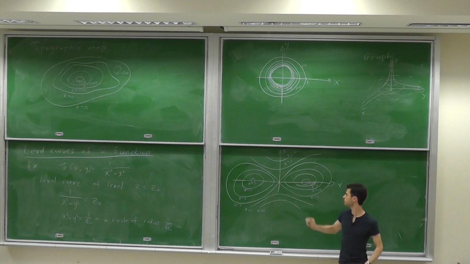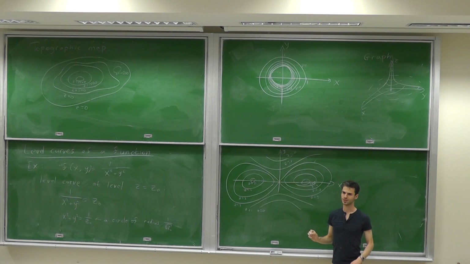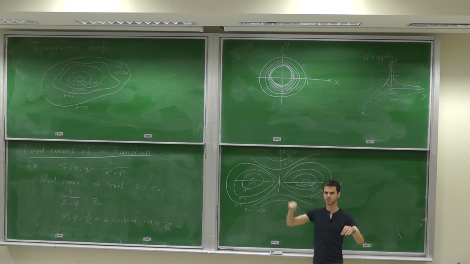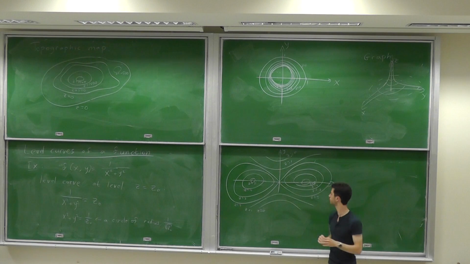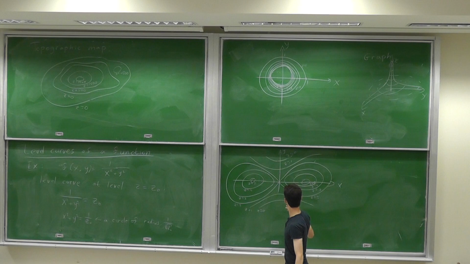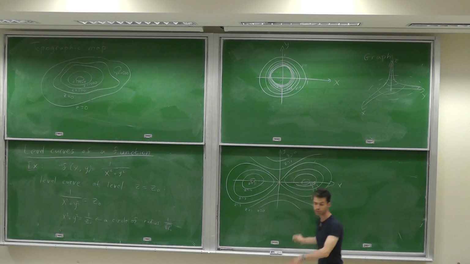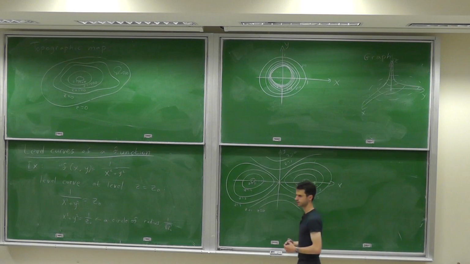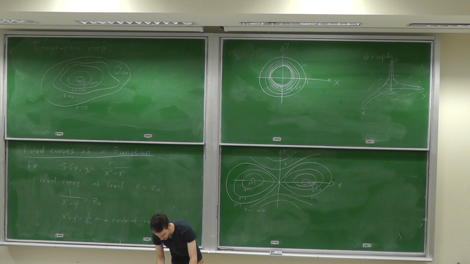And you are familiar with such points. It's a saddle point. A point where in one direction the function increases, in another direction it decreases. So such pictures can be very useful for analyzing how a function behaves, understanding how it looks.